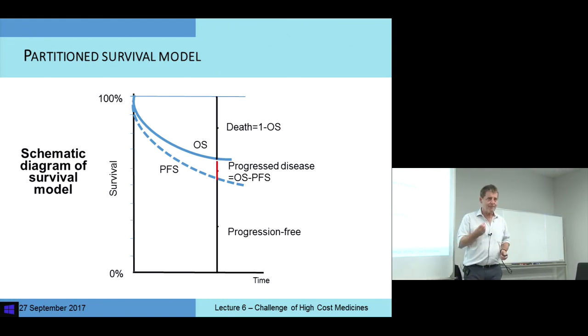So you're getting the same information about how much time patients spend in the different health states, but you're getting to it, if you like, more directly rather than calculating transition probability.